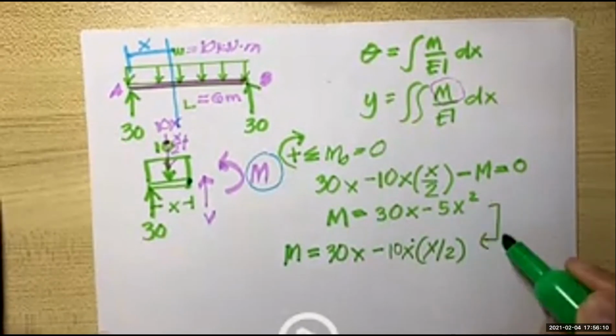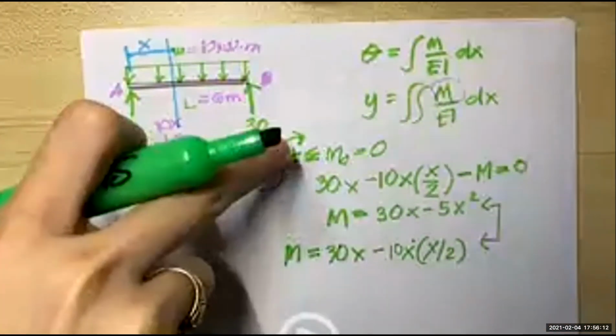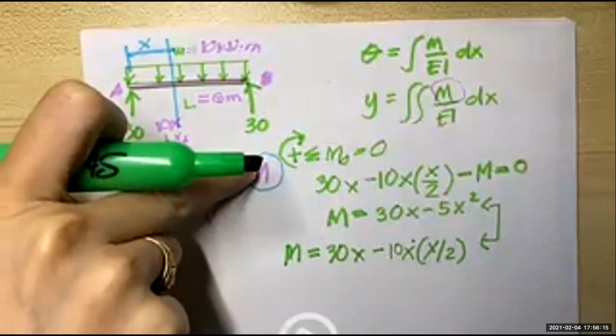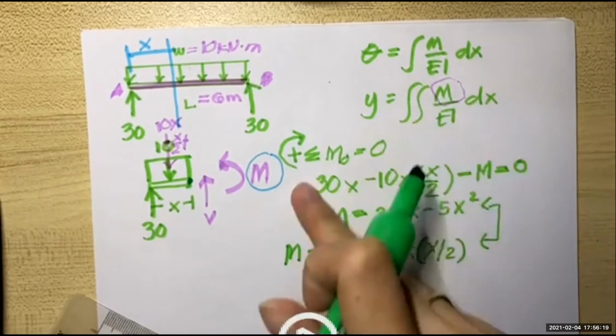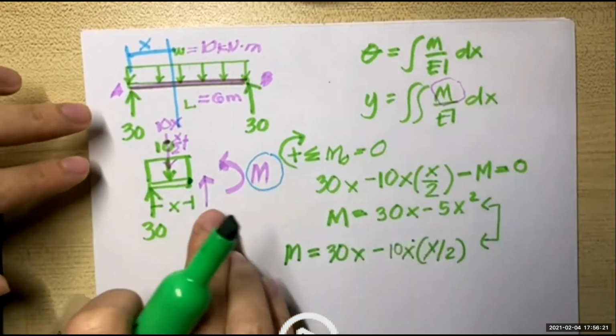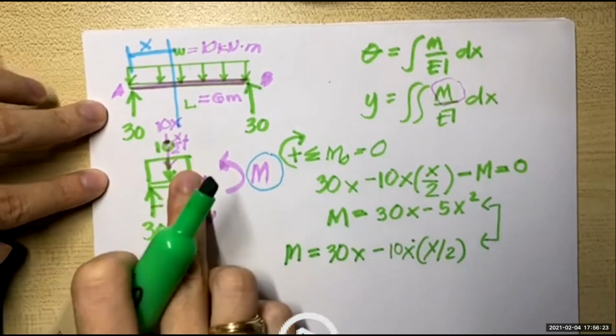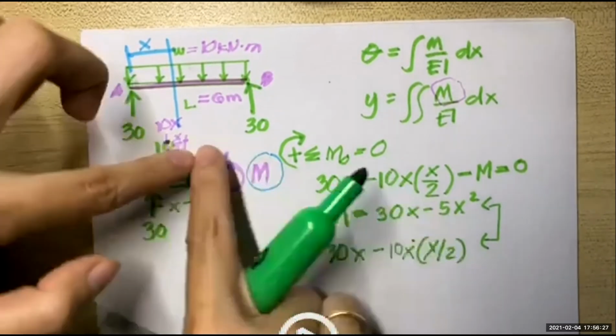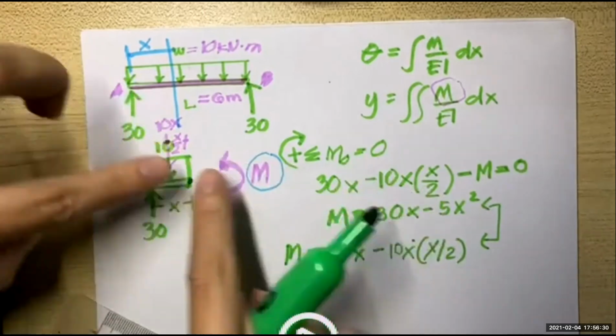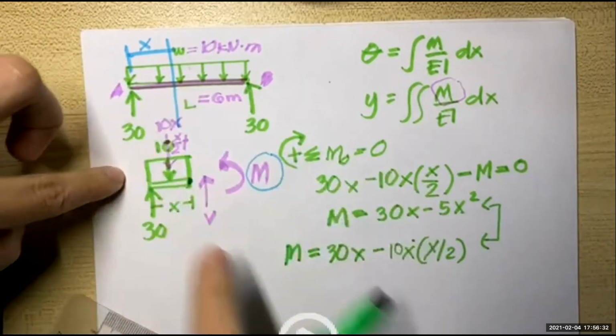So basically, galing lang naman to dito sa equation of equilibrium natin na moment. Para lang wag na masyadong mahaba, doon na kayo mismo tumingin sa free body diagram. Yung moment, kapag opposite direction is positive, kapag same direction is negative.